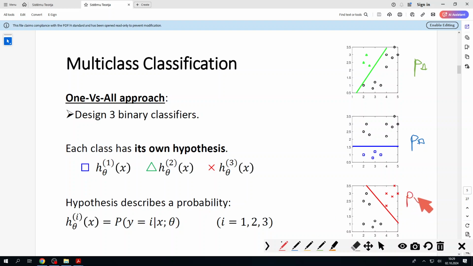Generally speaking, all of these probabilities do not necessarily have to add up to 1. Normally, if this is one of these 3 possible outcomes, then the probabilities should add together all the way up to 1.